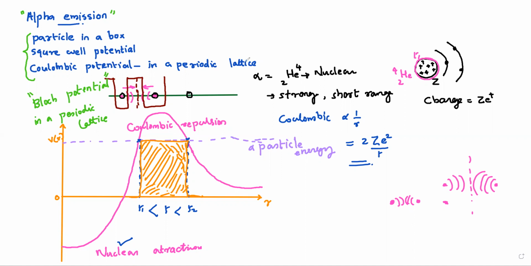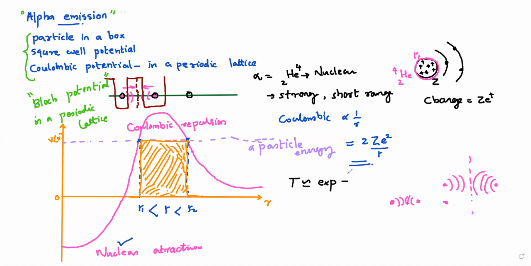And actually, from this, we can write a transmission coefficient. That is, the ratio of this exponential decrease: the transmission coefficient T equals this exponential decrease.